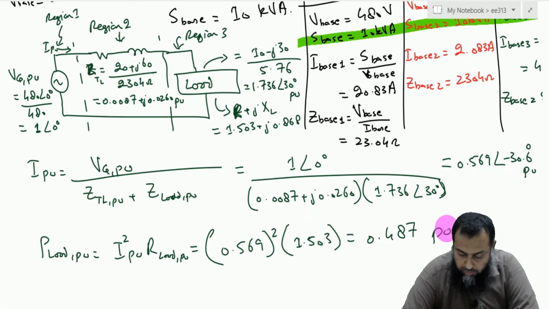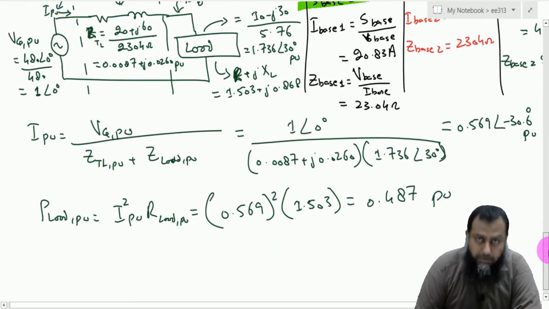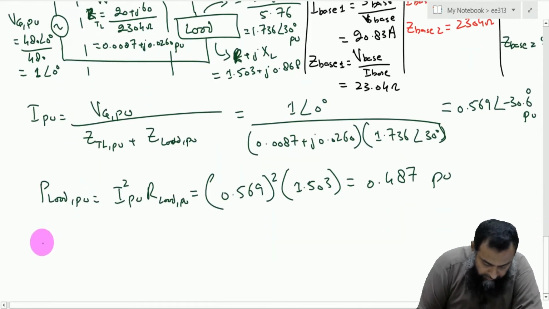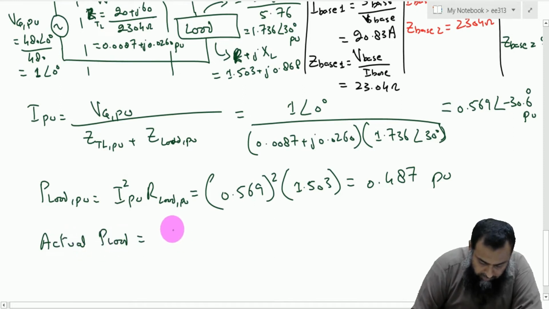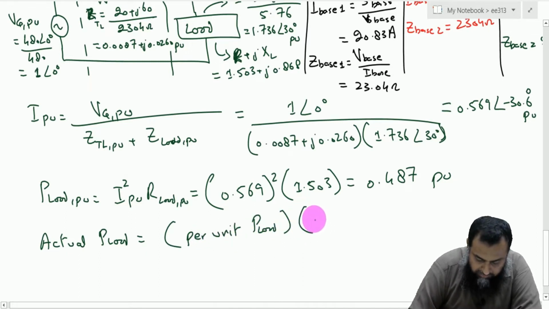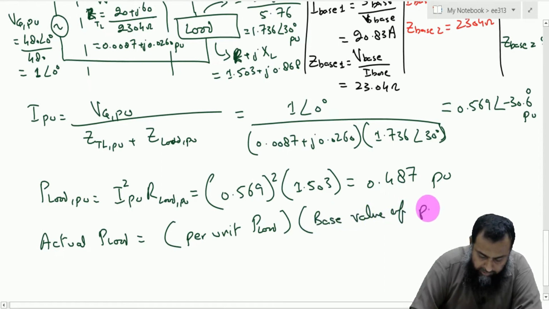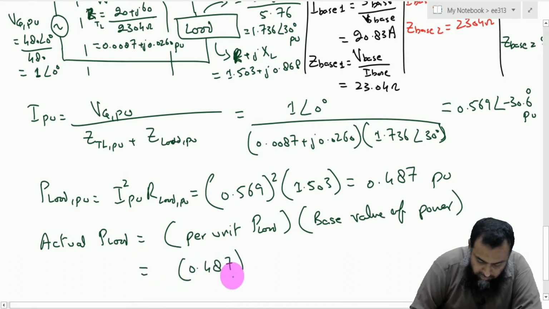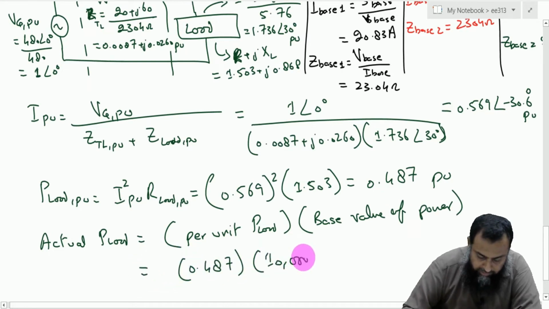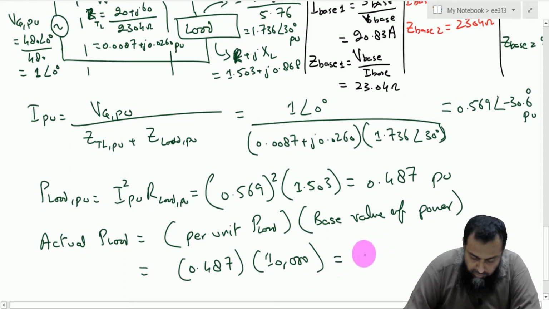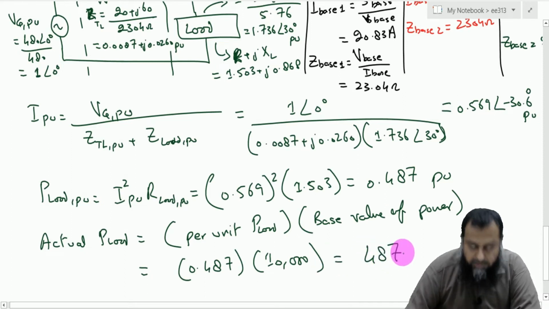So, this is the per unit value of the power which is used by this particular load. If we want to find out the actual power supplied, then the actual P load is equal to per unit P load multiplied by the base value of the power. So, that is equal to 0.487 into 10,000, because it was 10,000 kVA, and that turned out to be equal to 4,870 watts.